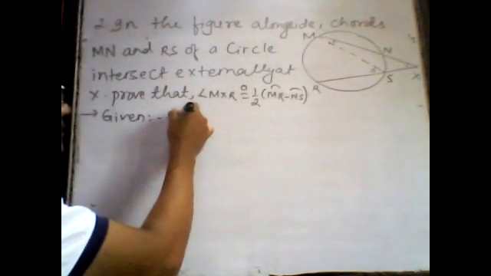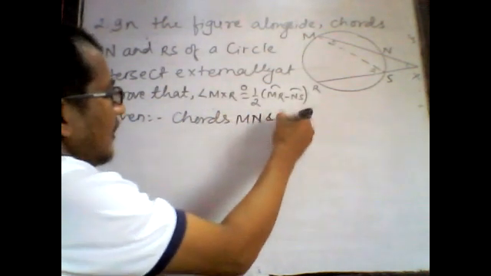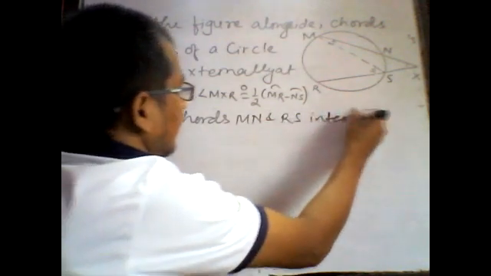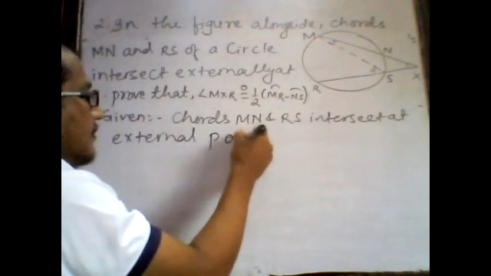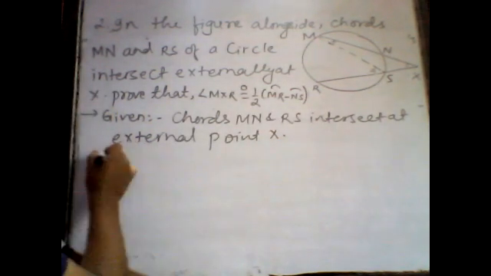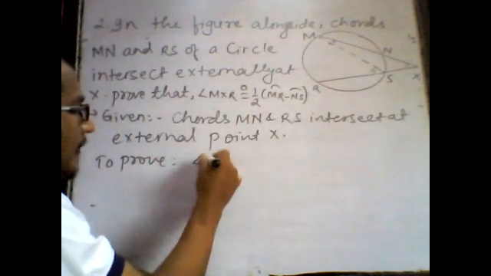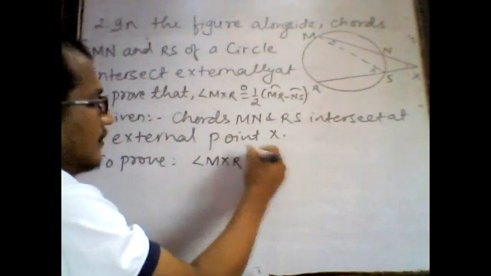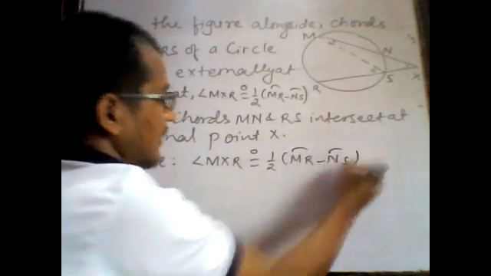So what is given here? Chords MN and RS intersect at external point X. At this point angle MXR is formed. What do we prove here? Angle MXR is equal to half of arc MR minus arc NS.